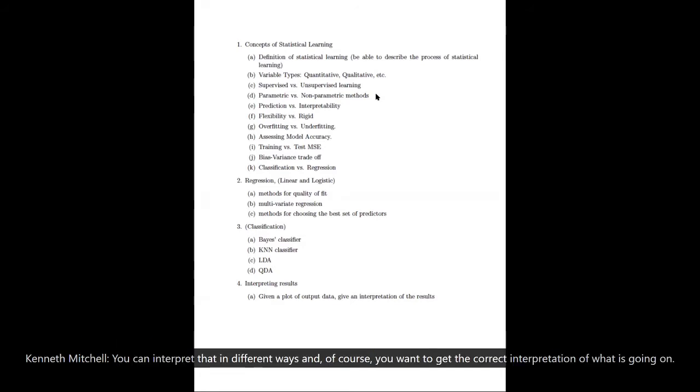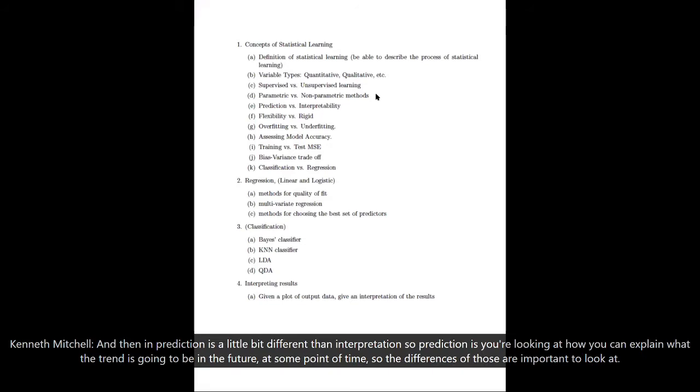And you can interpret that in different ways, and of course, you want to get the correct interpretation of what is going on. Prediction is a little bit different from interpretation. Prediction is looking at how you can explain what the trend is going to be in the future at some point in time. So the differences between those are important to look at.